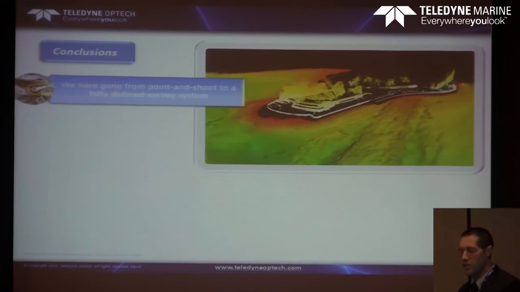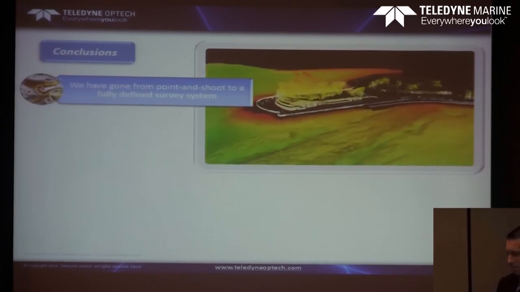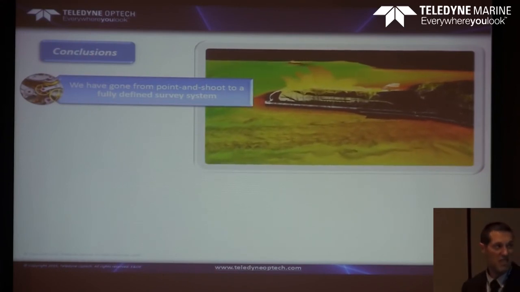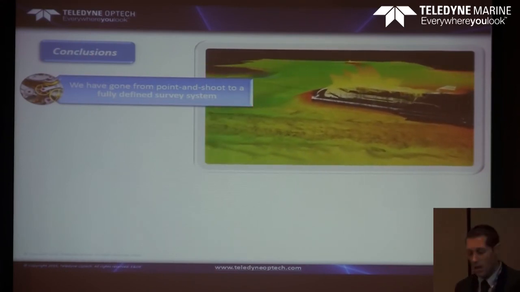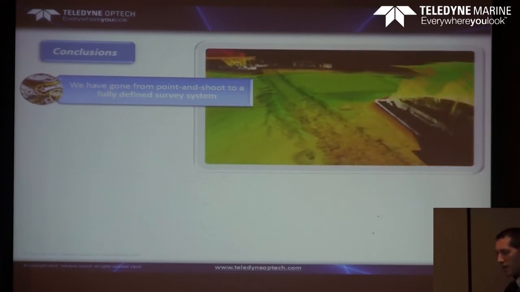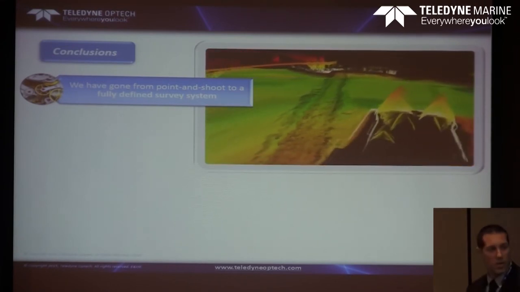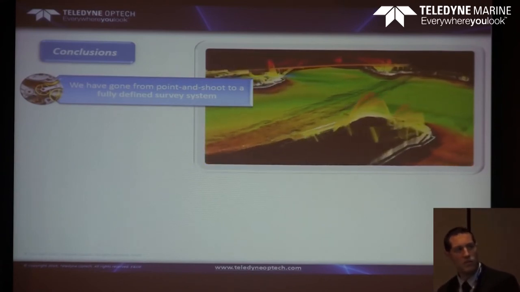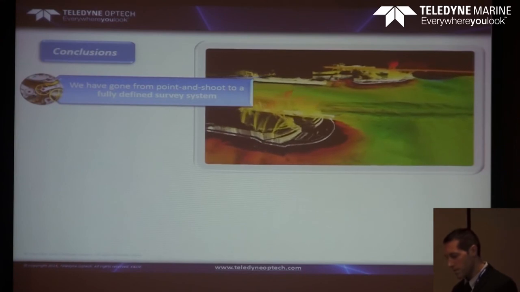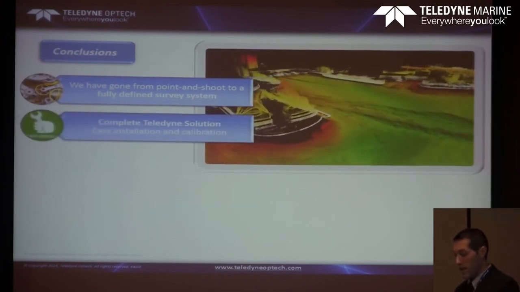So first of all, we started 10 years ago using the laser scanner for shooting a few points, and now in one survey you can create a single point cloud from below to above the water, and it was absolutely amazing.